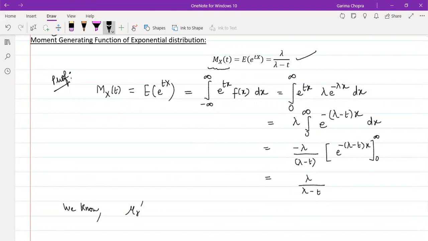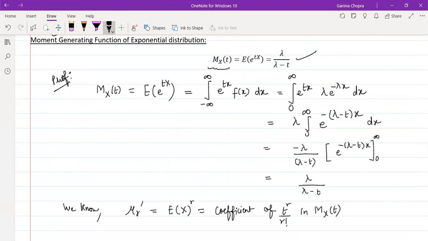The notation is mu r dash for the rth moment about origin, which is given by expectation of x raised to power r, because this moment is about origin. And what is this? This is the coefficient of t raised to power r upon r factorial in the moment generating function. This is the moment generating function of the random variable x.